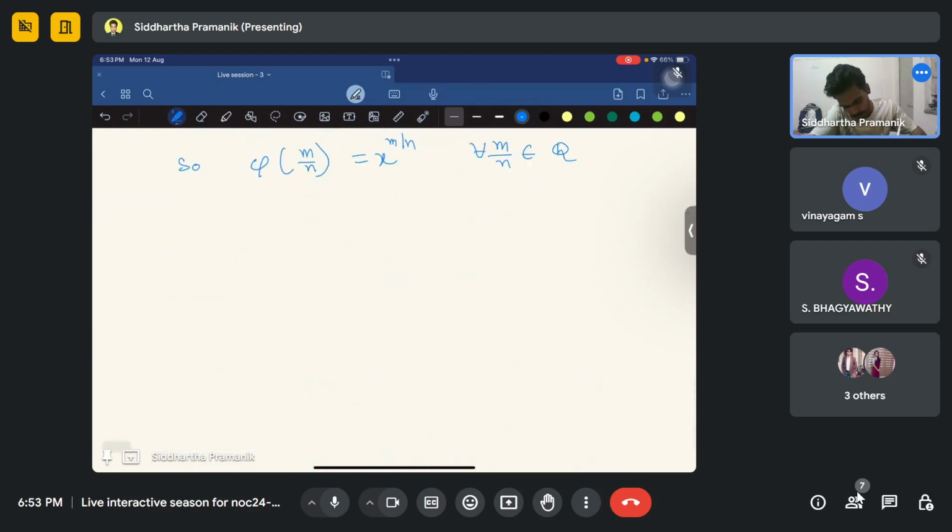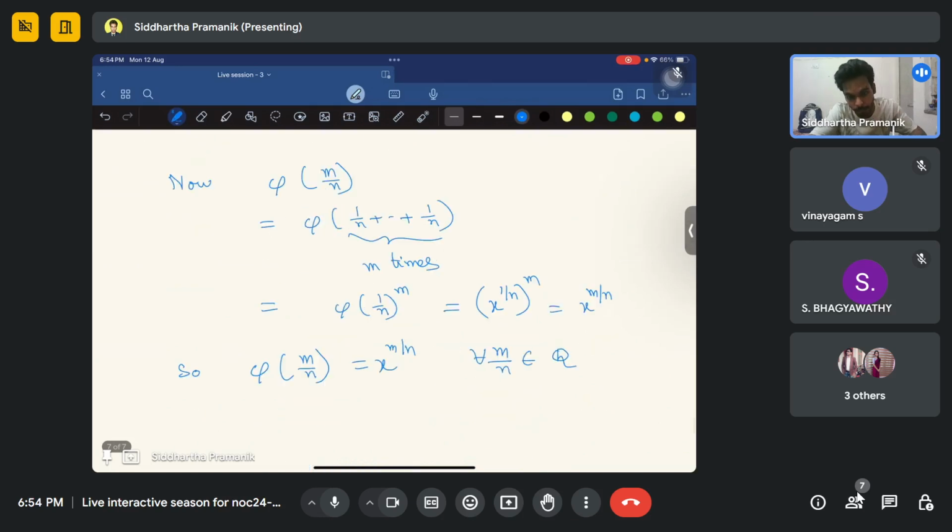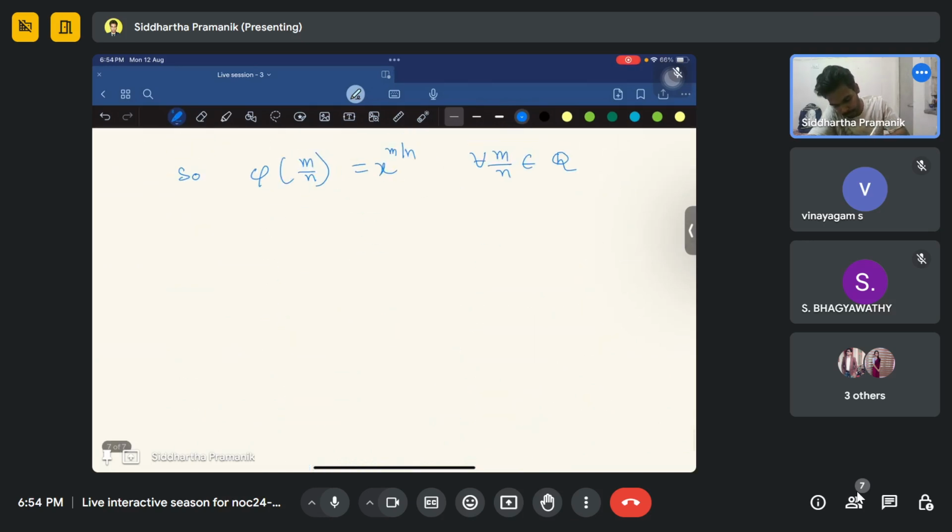But our codomain is R plus, right? So it contains irrational numbers too. So what will be the inverse image of pi? But there exists no m by n belonging to Q such that phi of m by n is equal to x power pi.